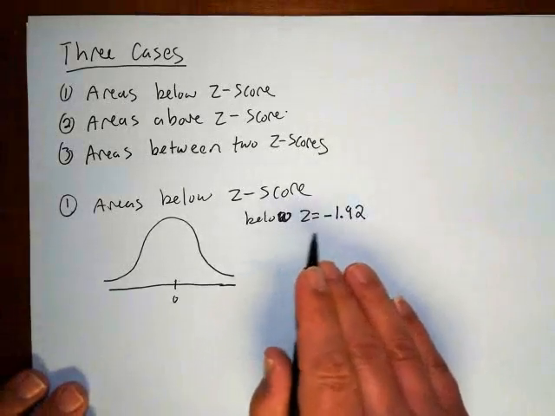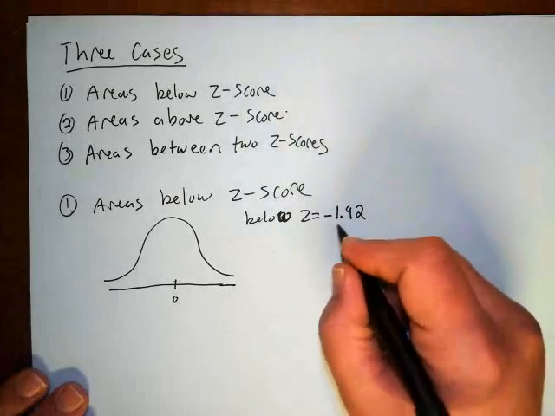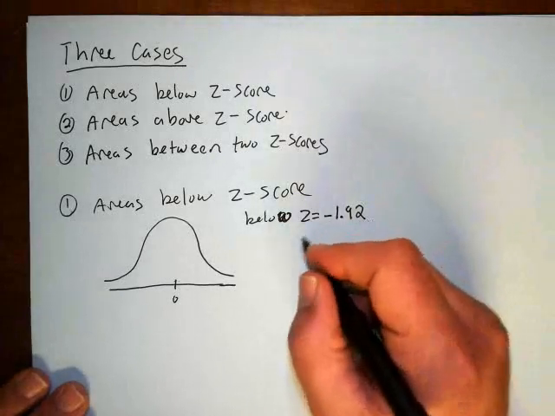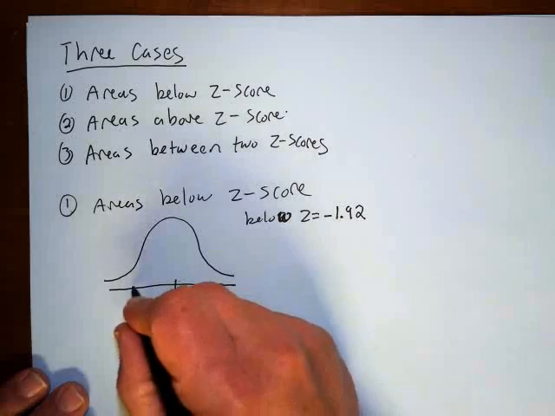So you want to find the area below a z-score of negative 1.92. So I'm going to put negative 1.92.